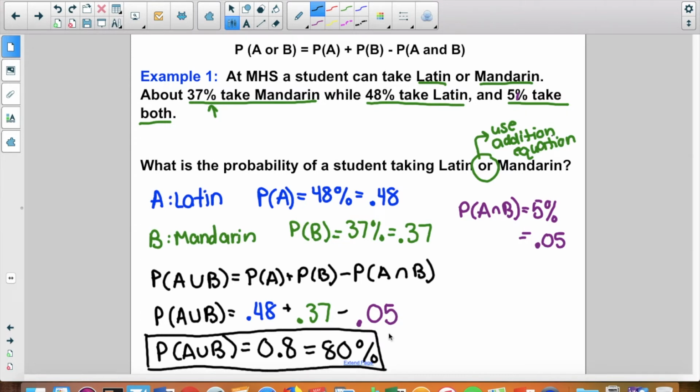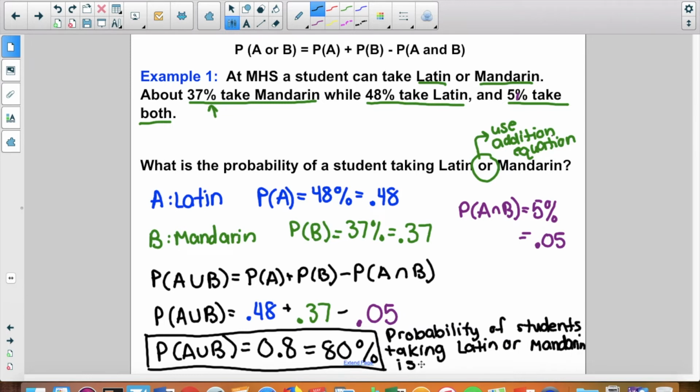So what this means, I'm going to write an explanation next to it, is that the probability of students taking Latin or Mandarin is 80%.